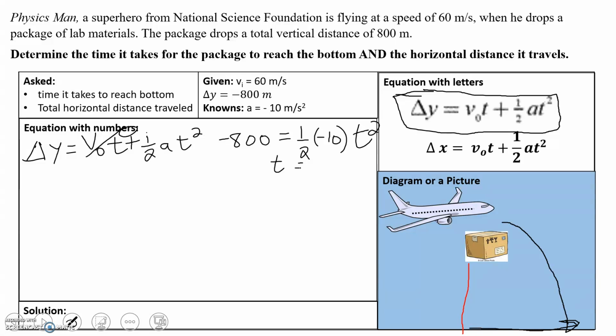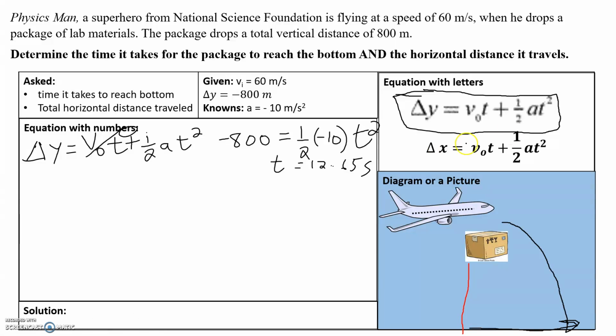What you do is negative 800 times 2 divided by negative 10 and take the square root of 160, which gives you 12.65 seconds, which is a lot of time. So that is the time. That's part A.